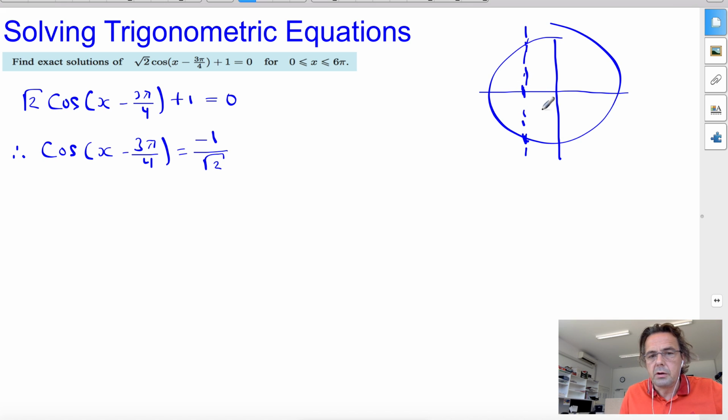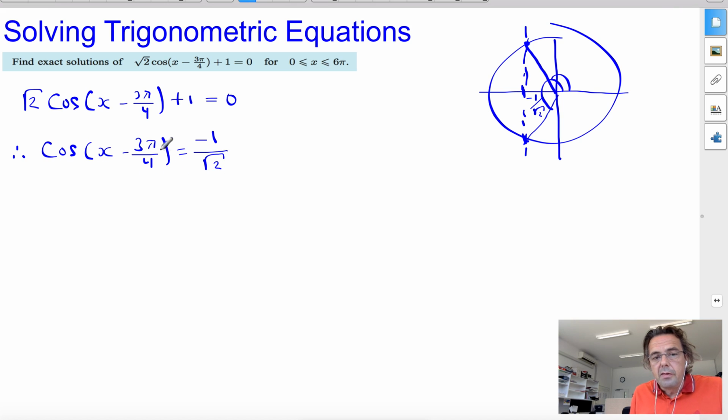So here it is written, negative 1 over root 2. And I'm looking for this angle, but I'm also looking for that angle there. Yeah, so again, there's two answers. Now these angles are 3 pi over 4 and 5 pi over 4, because they're well-known angles. You can look them up in the table for well-known angles.